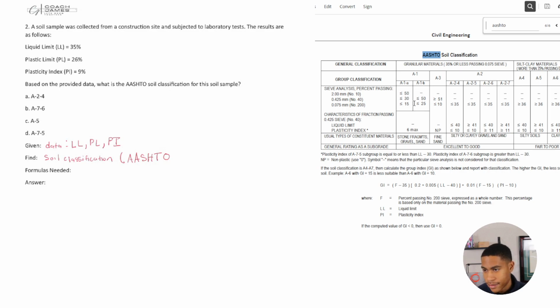So you have to be able to understand what this chart is saying based on the information that they give us. For this question, we don't have the percent passing through different sieves.